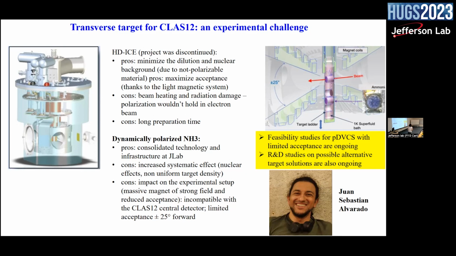It's a good technology that is well known and mastered here by the target group at JLab, but there are some problems. In particular, the magnet that is going to be used is going to limit the acceptance for the particles that we can have. In particular, it's going to prevent the use of the central detector of CLAS12, where the recoil proton of the VCS can be measured.